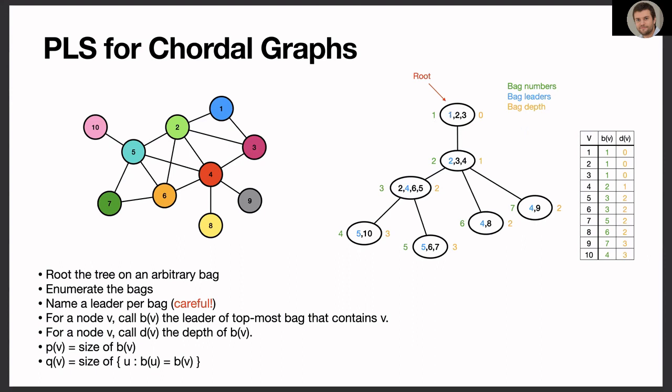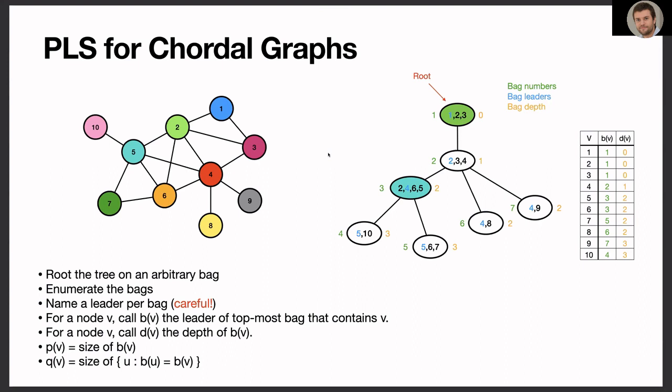Another kind of consistency they have to check is, for example, if vertex 2, which is in the topmost bag, sees vertex 5, which is in the bag with depth 2, then vertex 2 also has to check that it sees all the leaders in the bags on the path that connects these two bags.